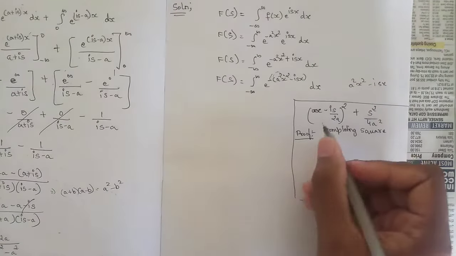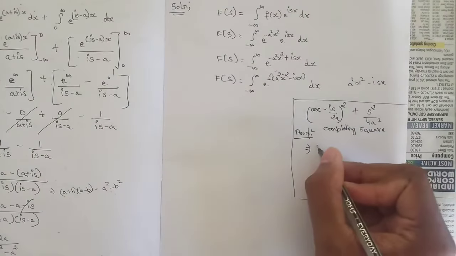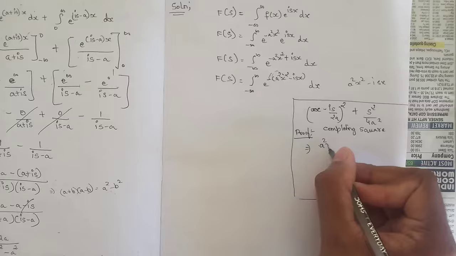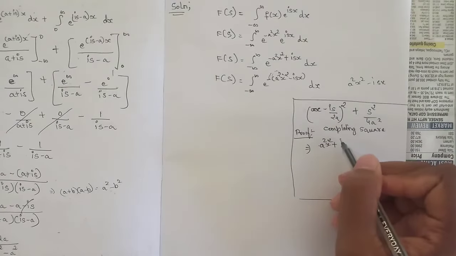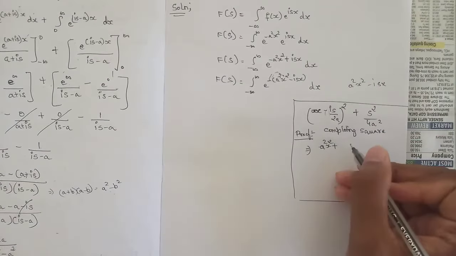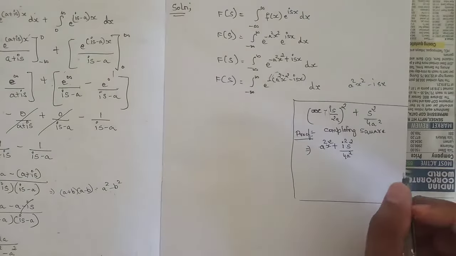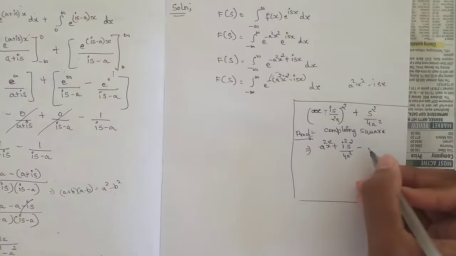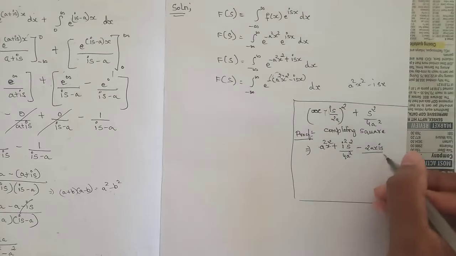First thing we need to do is use the a minus b whole square identity and write it as ax the whole square, that is equal to a square x square, plus b square, so is by 2a the whole square, that is i square s square divided by 4a square, minus 2ab, that is 2 into ax into is divided by 2a.